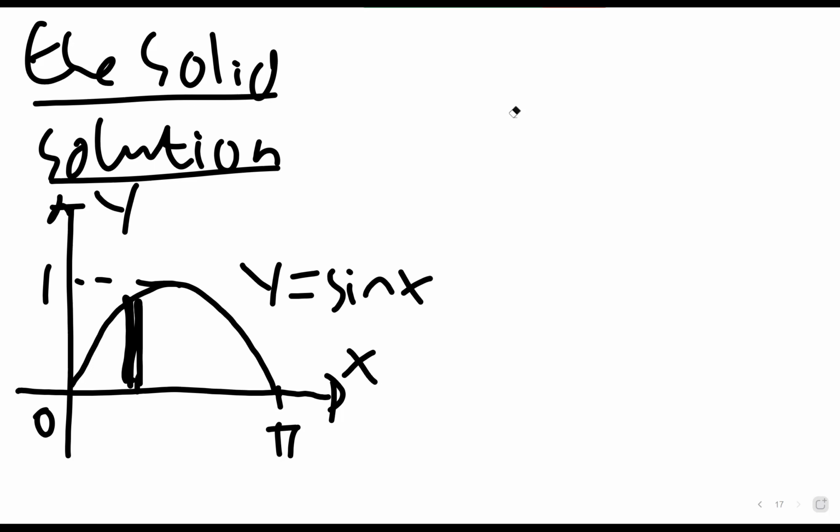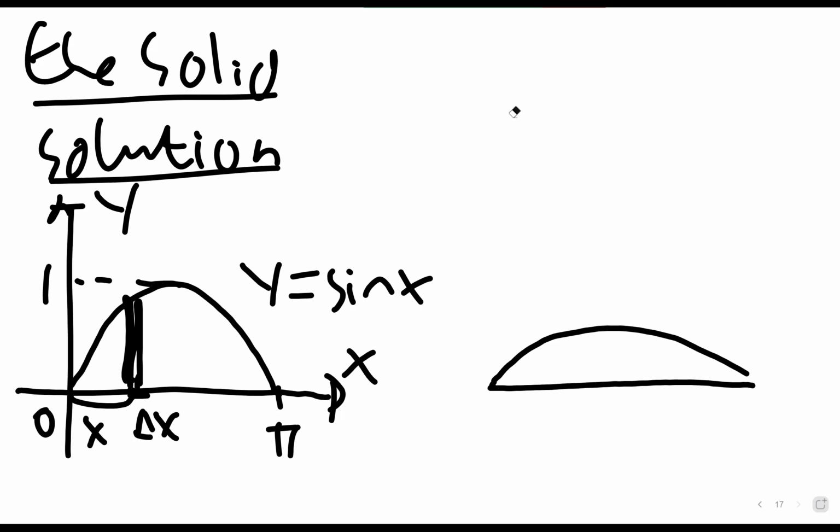Let's say this one is x, and the thickness is delta x. Let us draw the base of the solid like this, and this is the cross-section. It is known that the shape is an equilateral triangle.